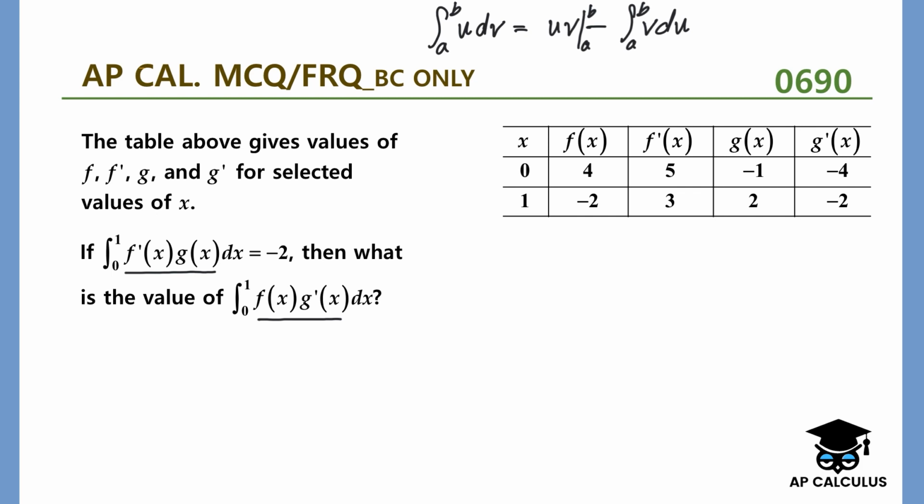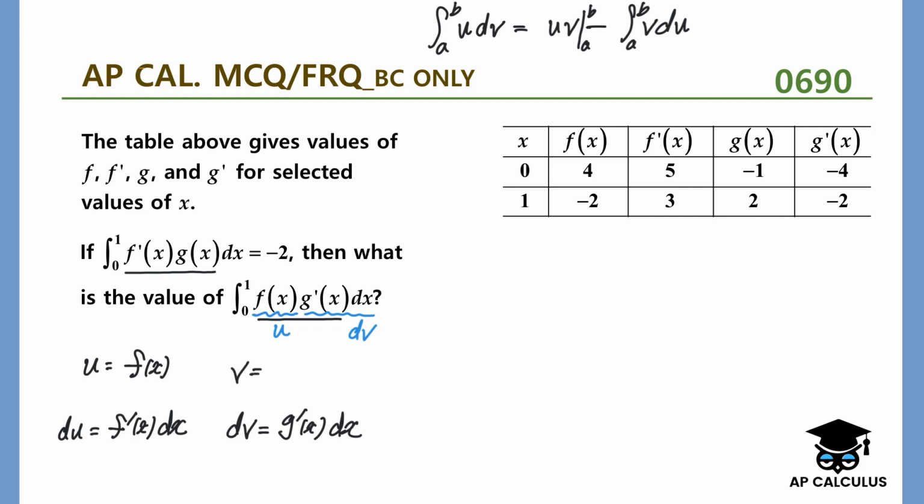So in this case, we're going to let u be equal to f of x. Then our dv must be the rest of the expression. So dv is equal to g prime of x dx, right? Then our du is the derivative, f prime of x dx, and our v is the antiderivative of g prime, that's g of x, right?